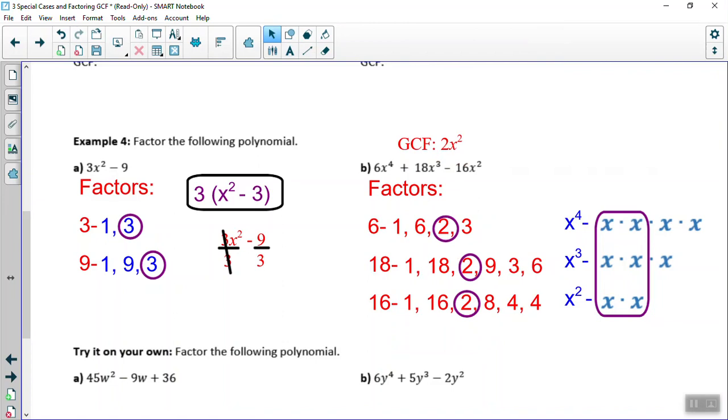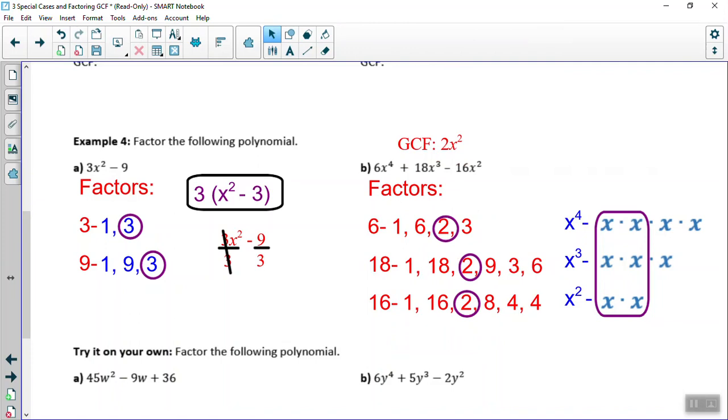So that means I have to divide each of these by 2x squared. When I do that, I divide my coefficients and subtract my exponents. That's going to be key. So divide the coefficients, subtract the exponents.